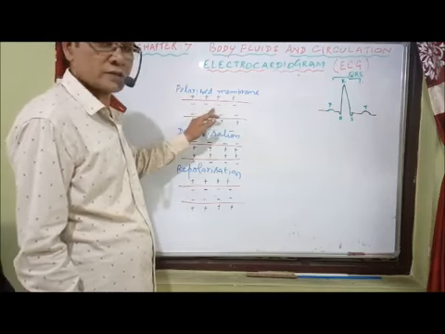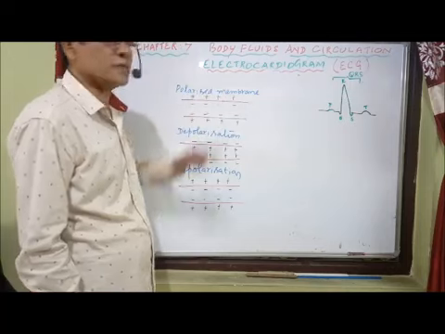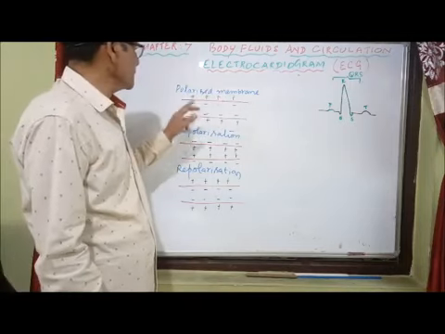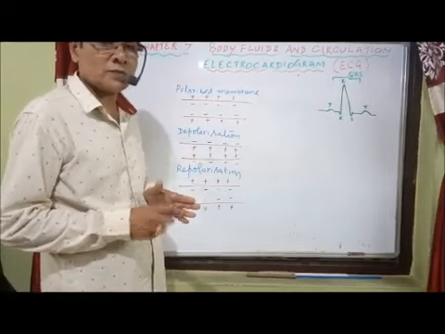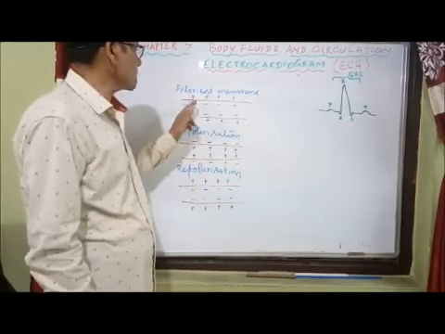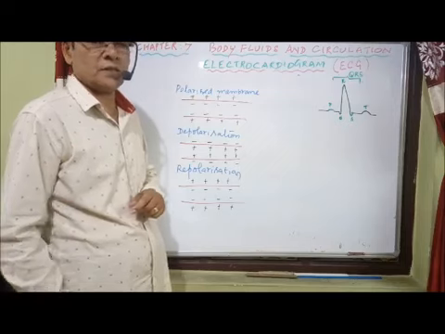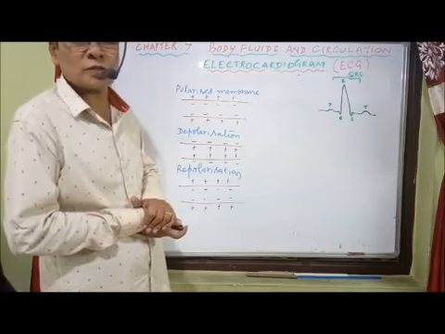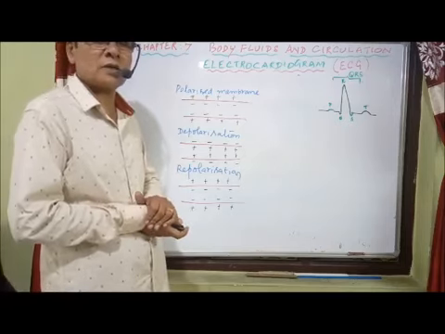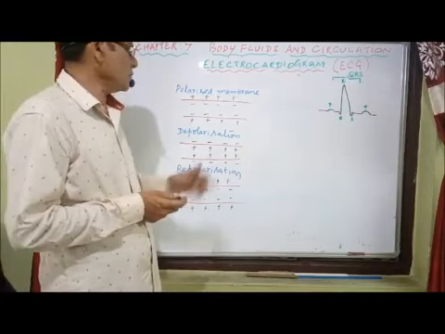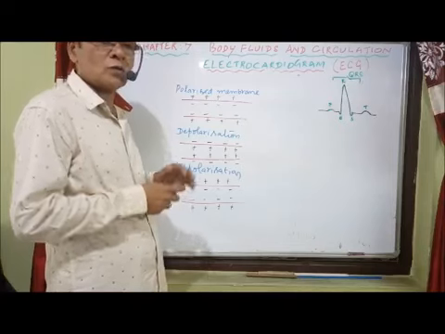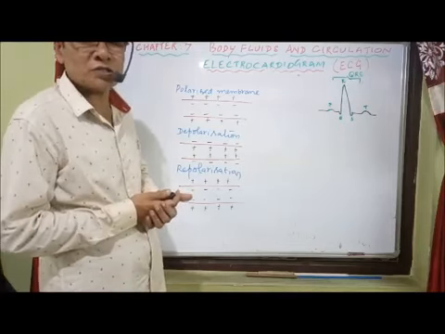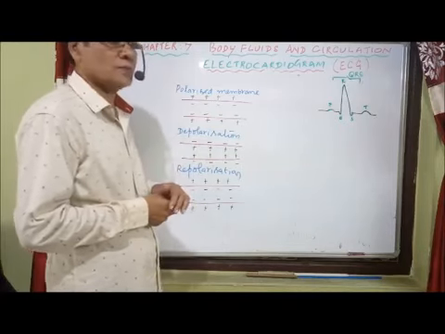Inside we have the cytoplasm, outside we have the ECM. So this is called a polarized membrane. The charges are due to sodium ions, potassium ions, and some organic proteins. Inside we have more potassium ions along with negatively charged organic proteins, that's why we have a net negative charge.